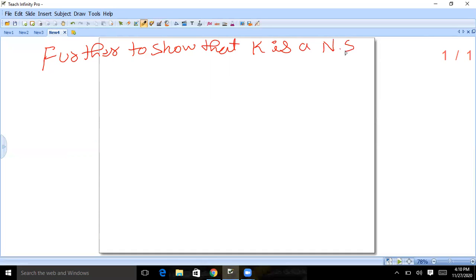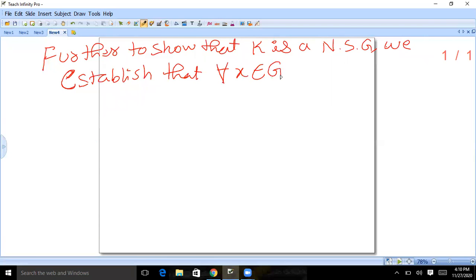A normal subgroup, we establish that for all x belongs to G, for all A belongs to K, x inverse A x belongs to capital K.